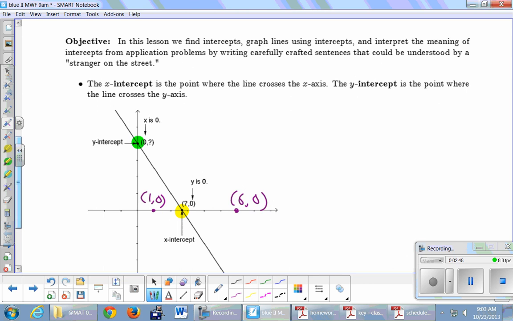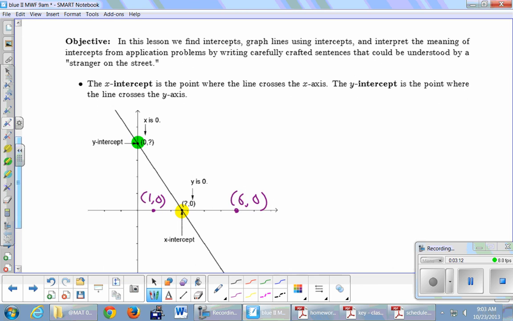They both have 0 where? Yeah, it's 0 up or down. And is the 0 sitting in the x spot or the y spot? That's the y spot, right? 1, 0, that 0 is the y value. 6, 0, that 0 is also the y value.